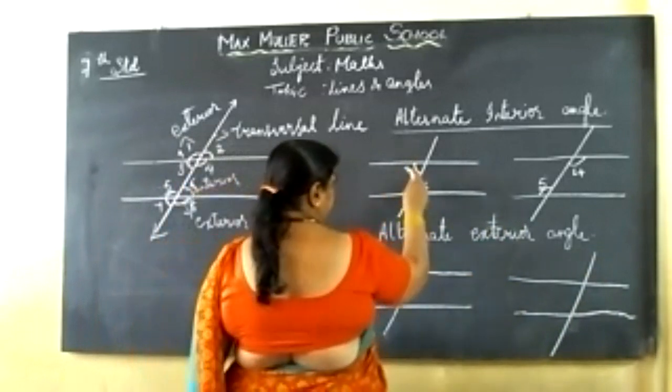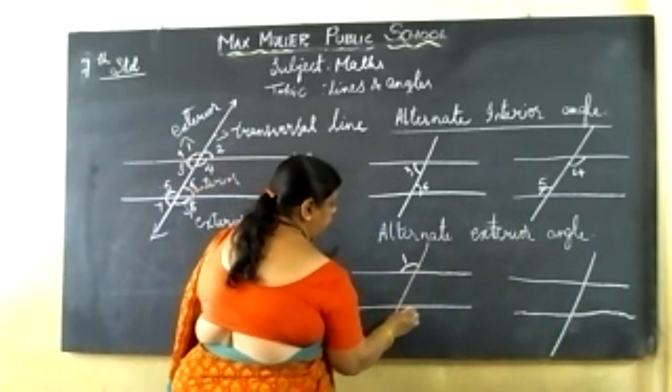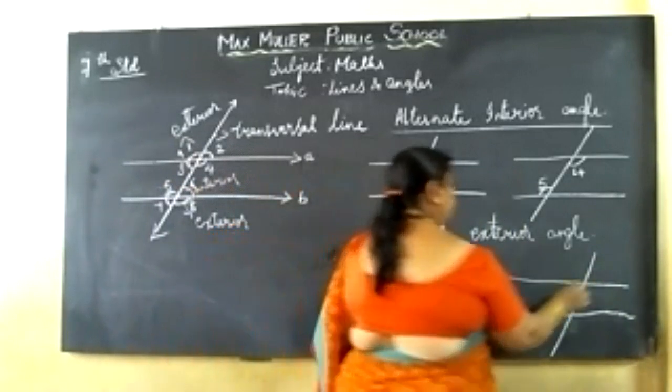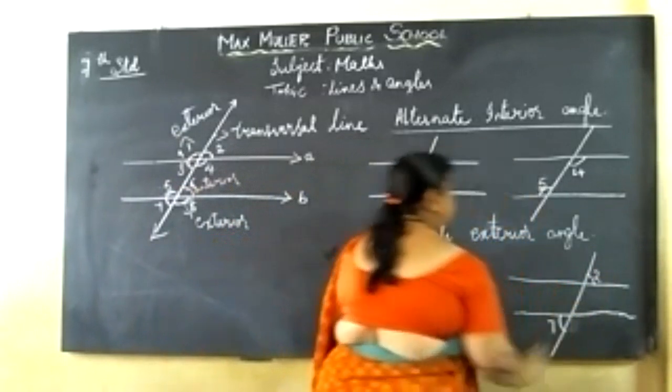Alternate, here the interior came. So the exterior is angle 1 and angle 8. Here angle 2 and angle 7. Exterior.